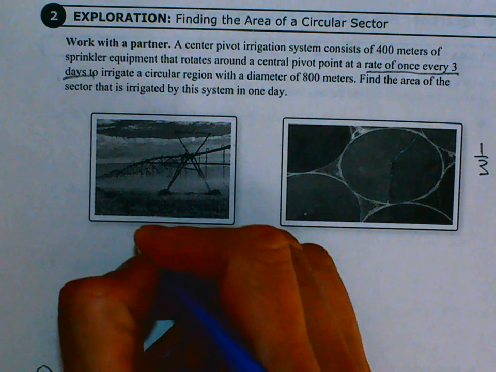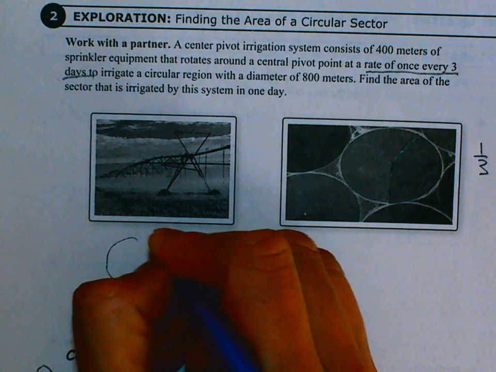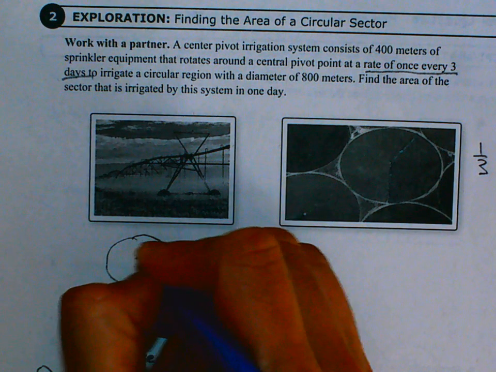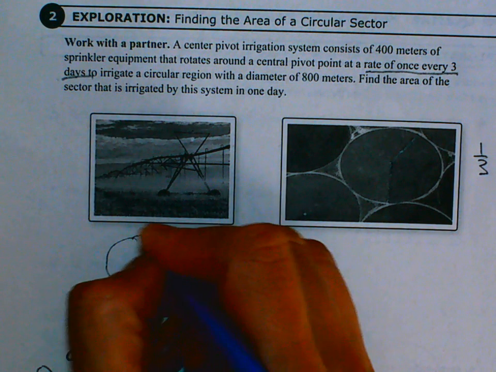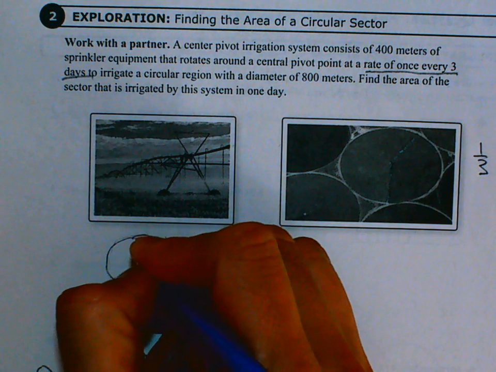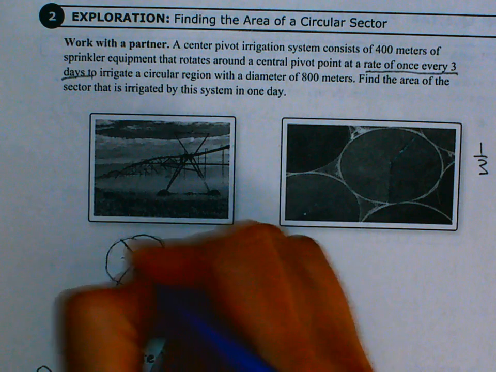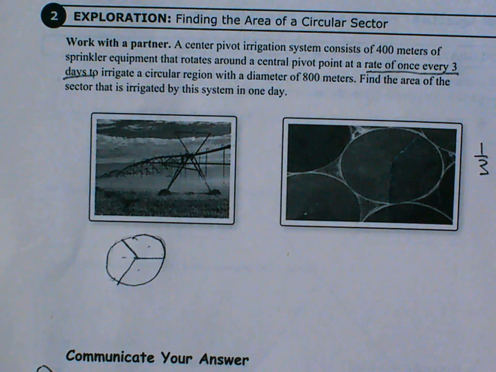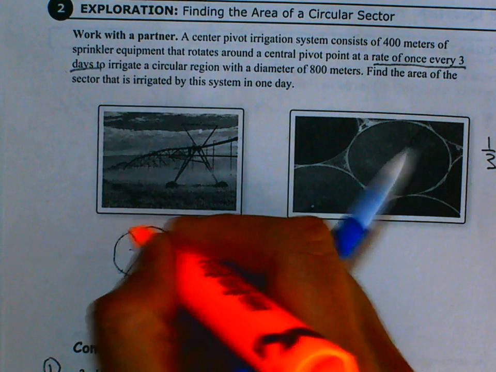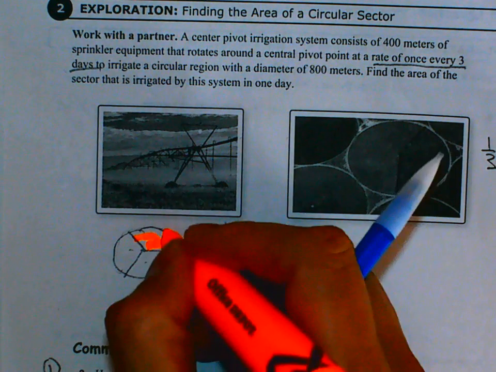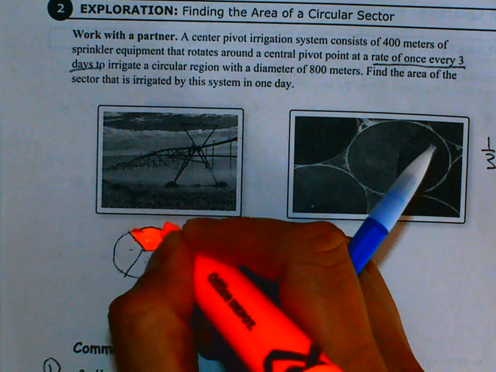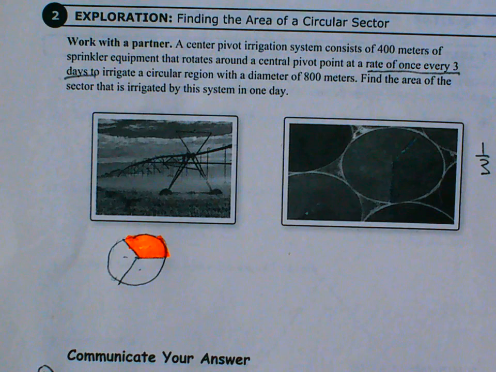So in other words, you have a circle and it makes only 1/3. That 1/3 probably looks something like this. So third, third, third. They want to know what the area of this right here is going to be. We do know the radius. The only thing that we need to know is what this angle is.